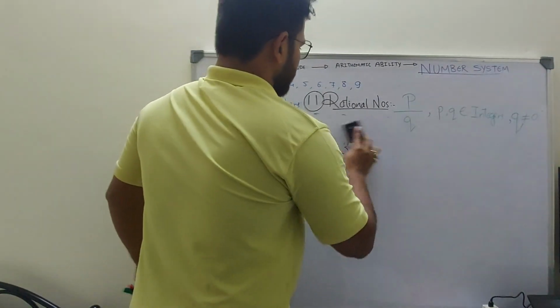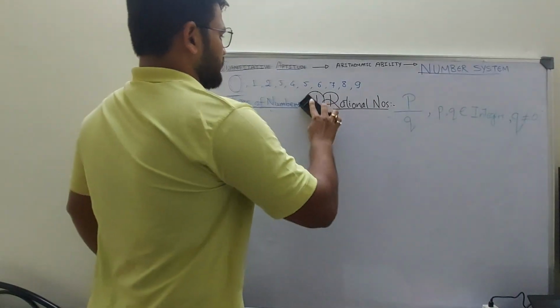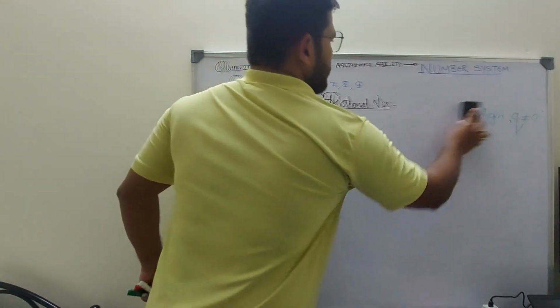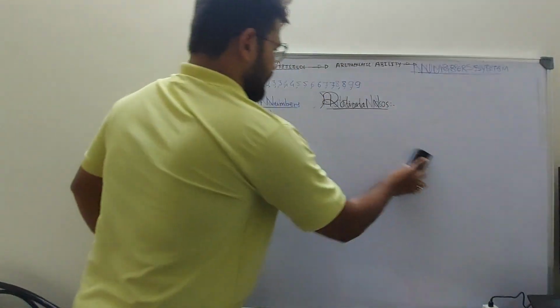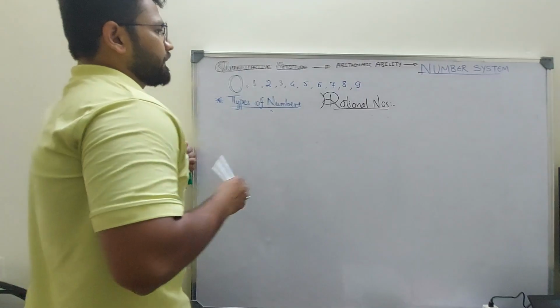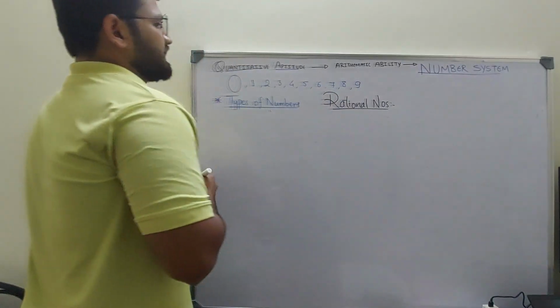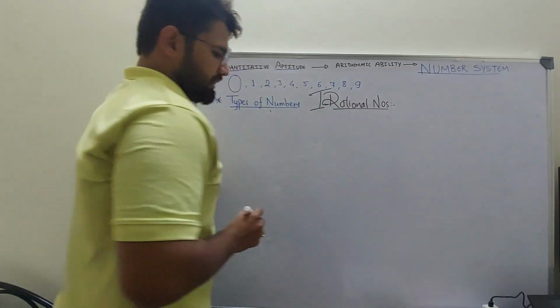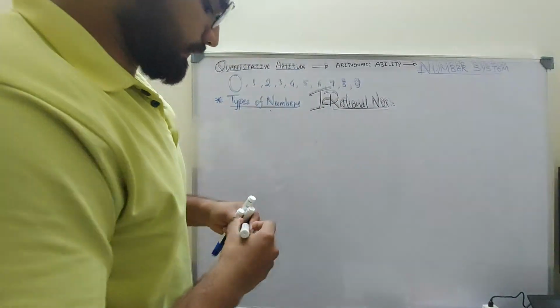Now we will move towards the 12th type of number, and it is also our last type of number, that is irrational numbers. Irrational numbers.